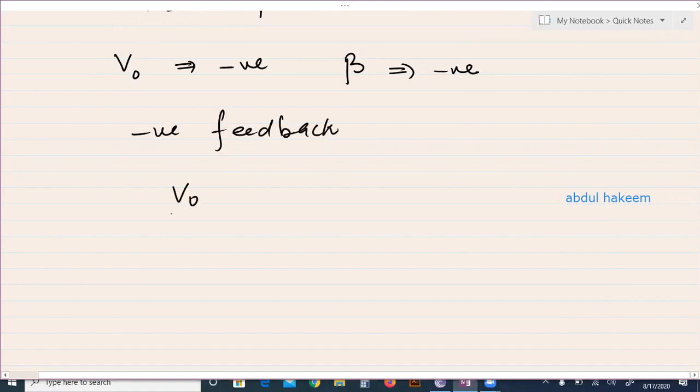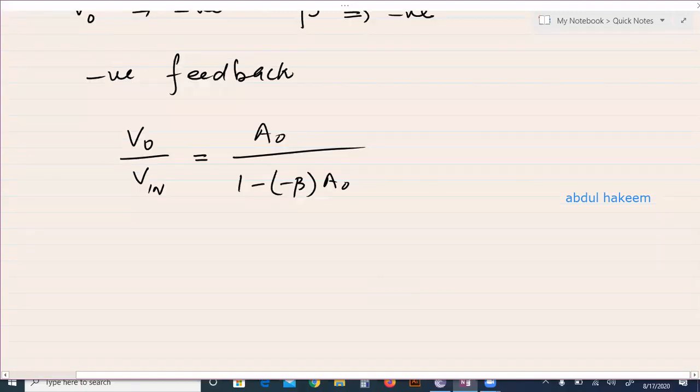Look, the formula is output voltage over input voltage, A naught divided by 1 minus beta A naught, because this beta is negative in sign, it becomes A naught divided by 1 plus beta A naught.